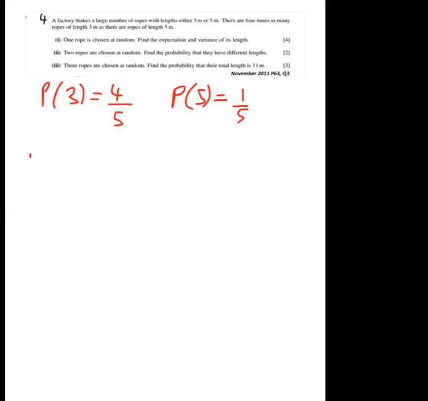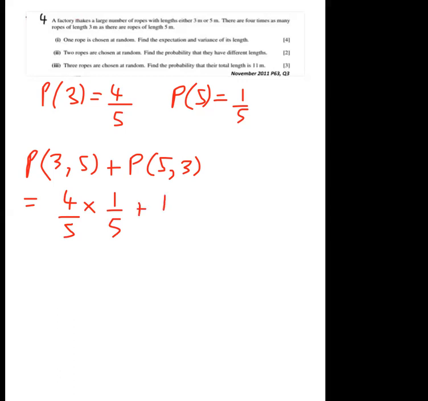So it could be that there's first 3 and then 5, or first 5 and then 3. These are the two possibilities. So for 3 and then 5, it will be 4 upon 5 into 1 upon 5. For 5 and then 3, it will be 1 upon 5 times 4 upon 5. This is equal to 8 upon 25.